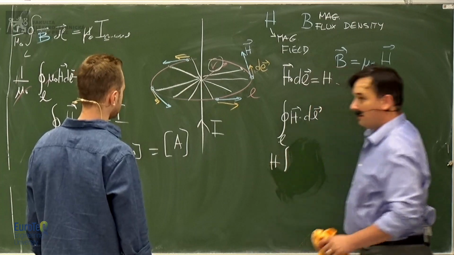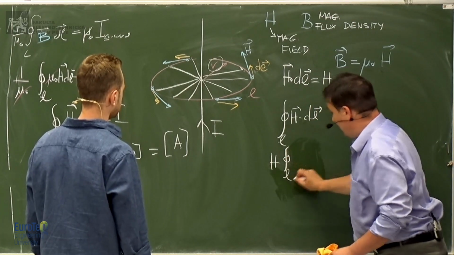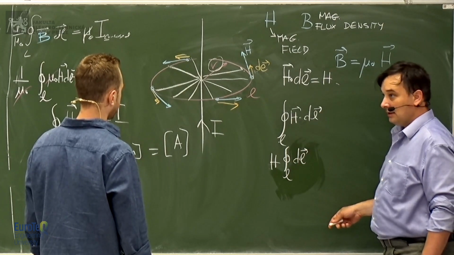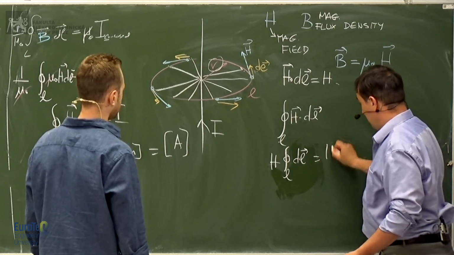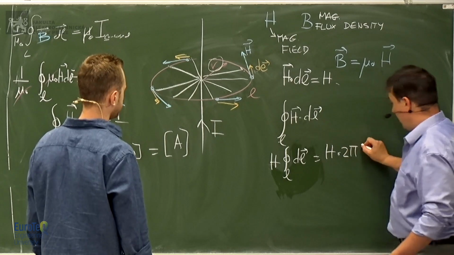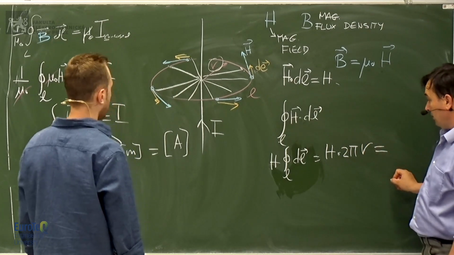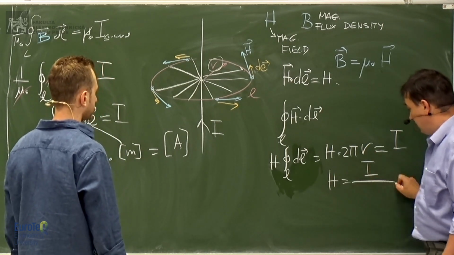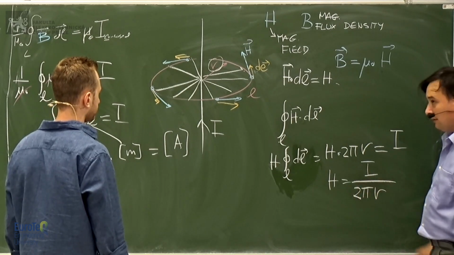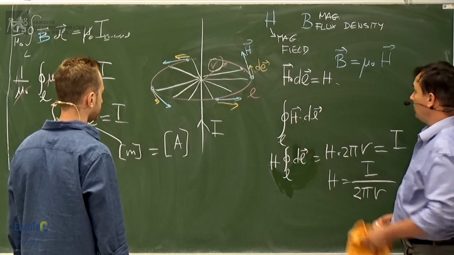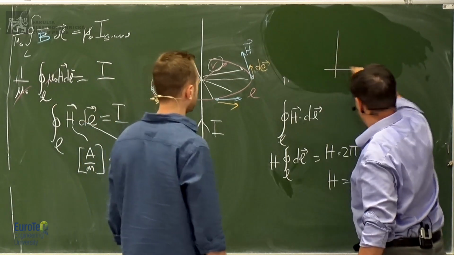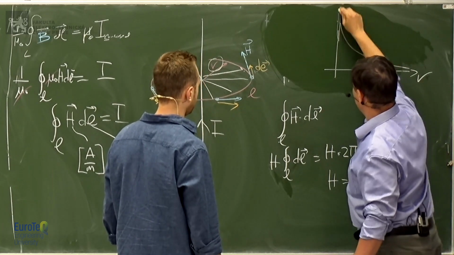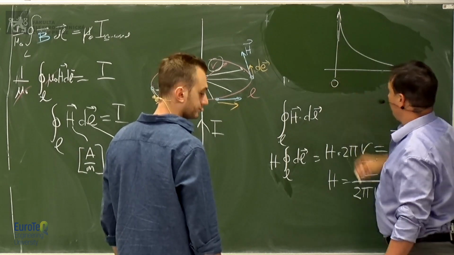So we have the line integral of dl, which is the circumference, 2 pi r. H times 2 pi r is equal to I. So H at the end will be I divided by 2 pi r. If you plot it, it drops down as you get further from the current.